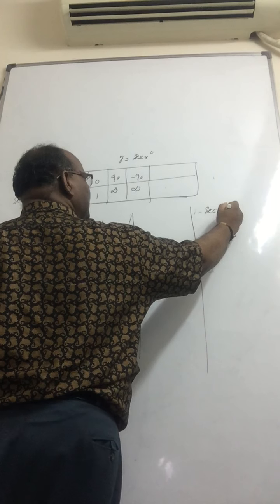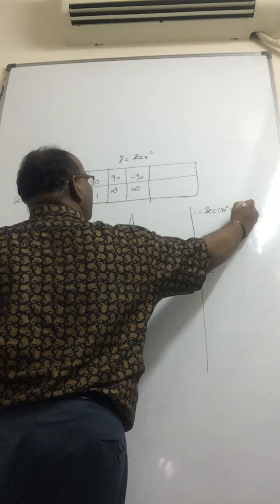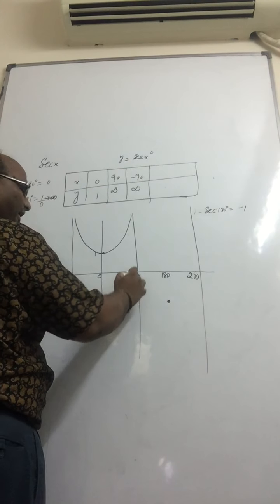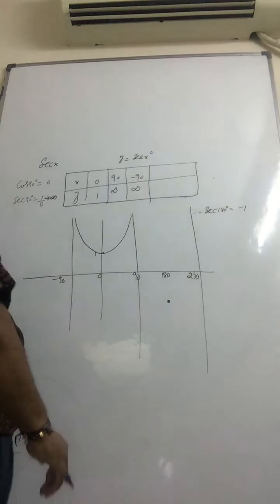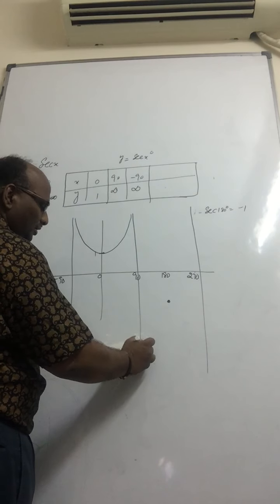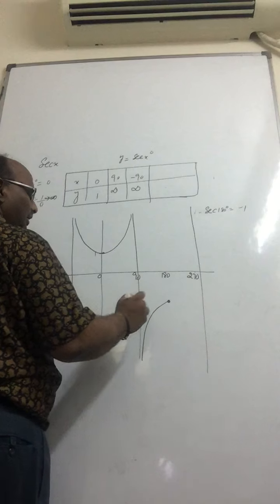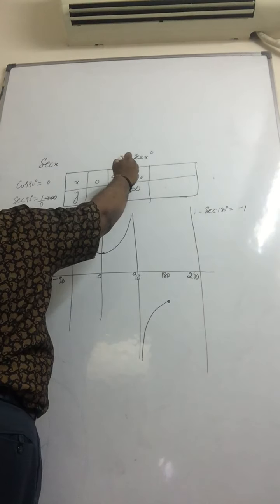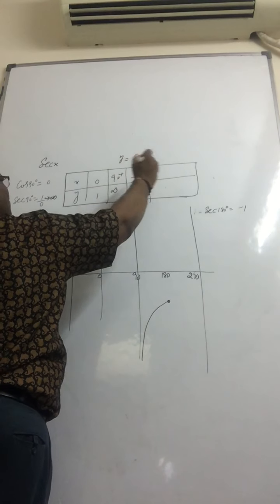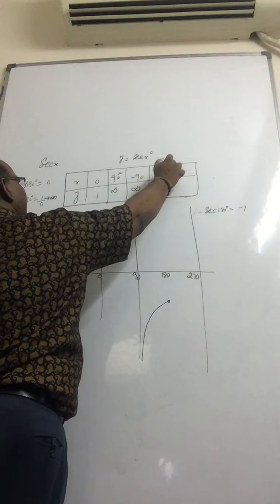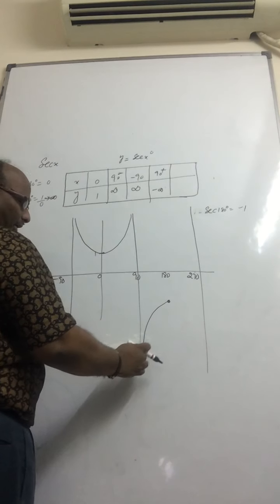Cos 180, you know, is minus 1, so secant 180 is also minus 1. In the second quadrant secant is negative, so as 90 plus it approaches minus infinity, while 90 minus approaches infinity.